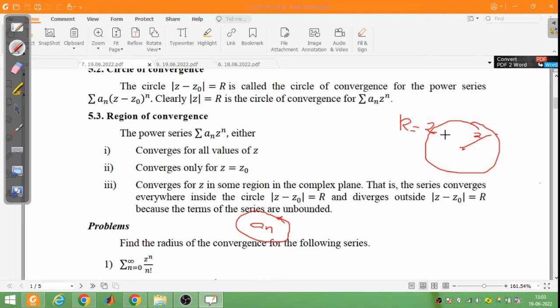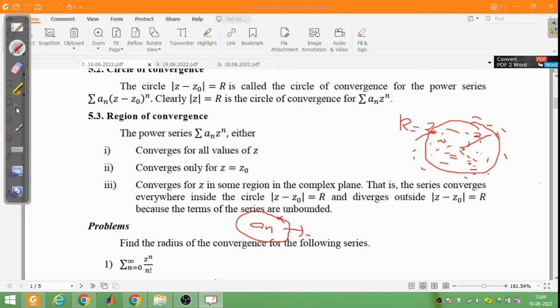Inside this circle of convergence, every point in the series is bounded, because we are taking the modulus, which is less than the radius value. Outside the circle, any point on the series is unbounded. That is, a_n is bounded inside the circle of convergence and unbounded outside it.